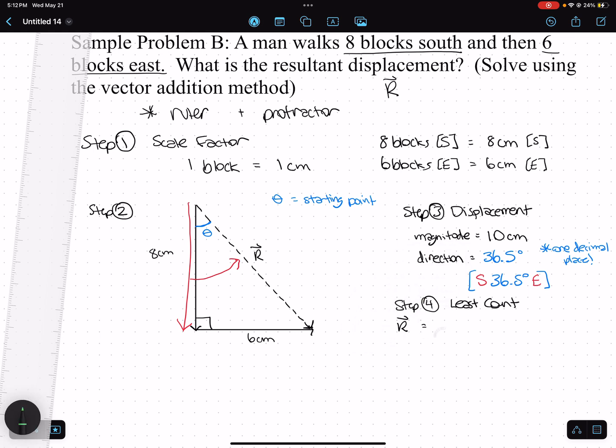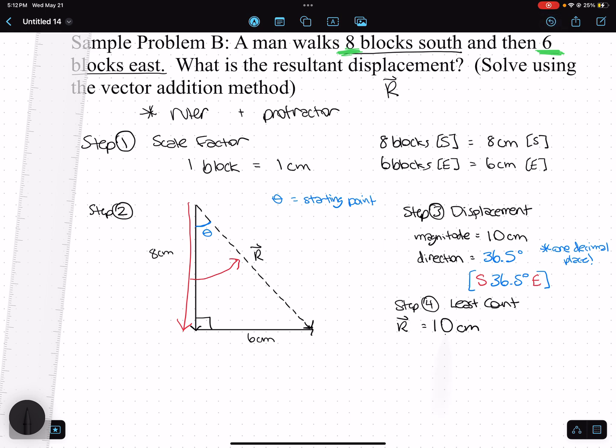If we look at the numbers we combined, 8 and 6, both of those are accurate to the ones position. So my final answer is going to be accurate to the ones position. Currently, it is accurate to what position? The tens. And we want it accurate to the ones.